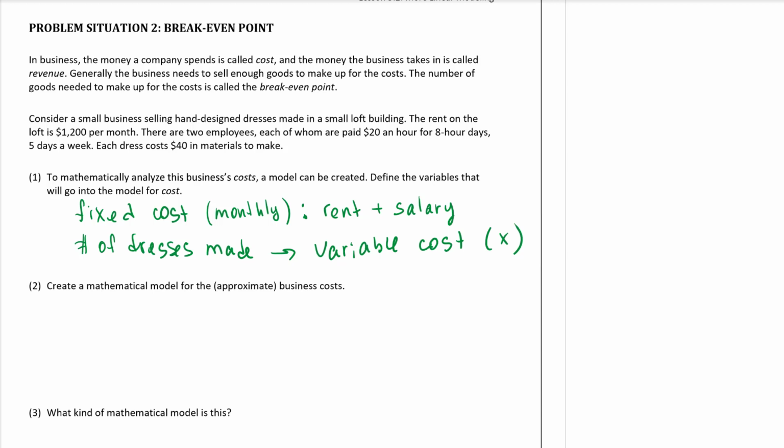Create a mathematical model for the approximate business cost. To help you with that, let's break this down. I want you to calculate the fixed cost. The first question is how much would be the salaries for the two people? Salary for both of them.